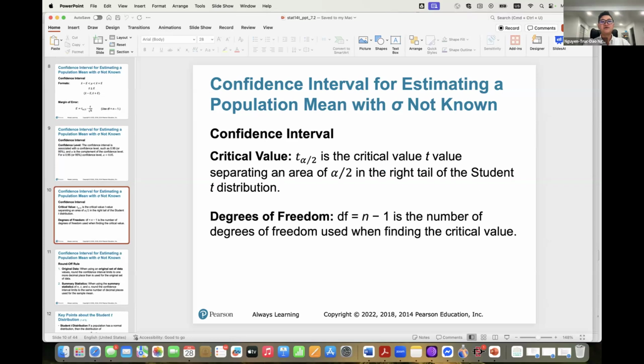And the critical value t alpha over 2 is the critical value t separating an area of alpha over 2 in the right tail of the student t distribution. And the degrees of freedom, df, is n minus 1, the number of degrees of freedom used when finding the critical value.